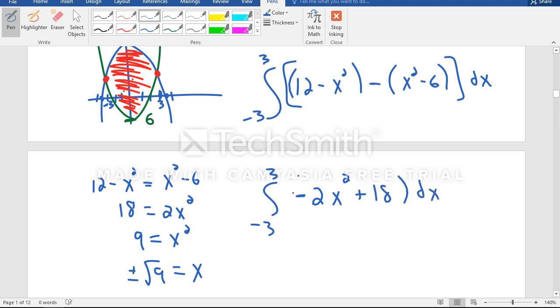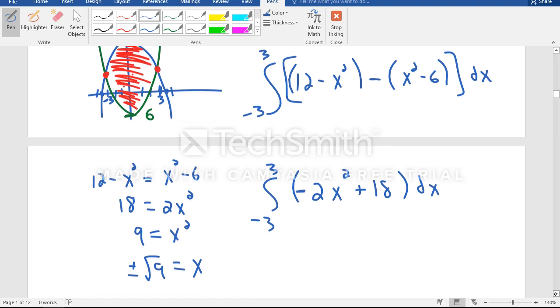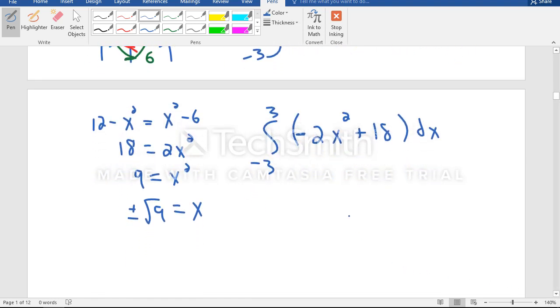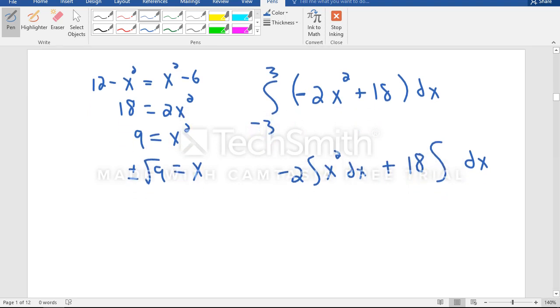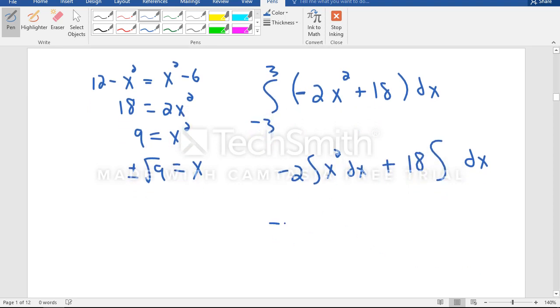Now I'm integrating this polynomial and evaluating each term. I like to pull the constant out and integrate in that manner. The integral of x squared is 1/3 x cubed, and the integral of 1 is x. I'm going to evaluate all of this from -3 to 3.